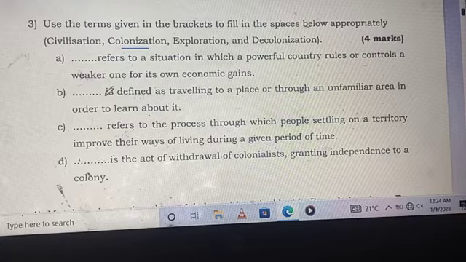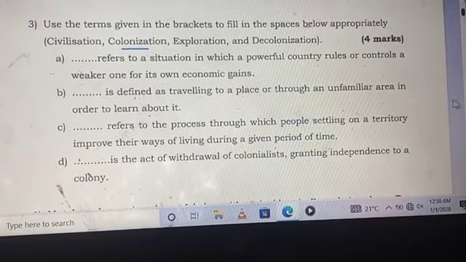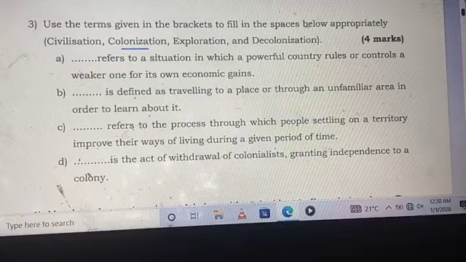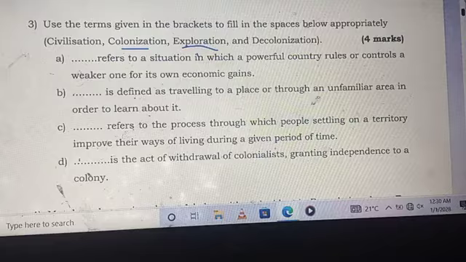B. Blank is defined as traveling to a place or through an unfamiliar area in order to learn about it. The best option is exploration. Exploration is defined as traveling to a place or through an unfamiliar area in order to learn about it.